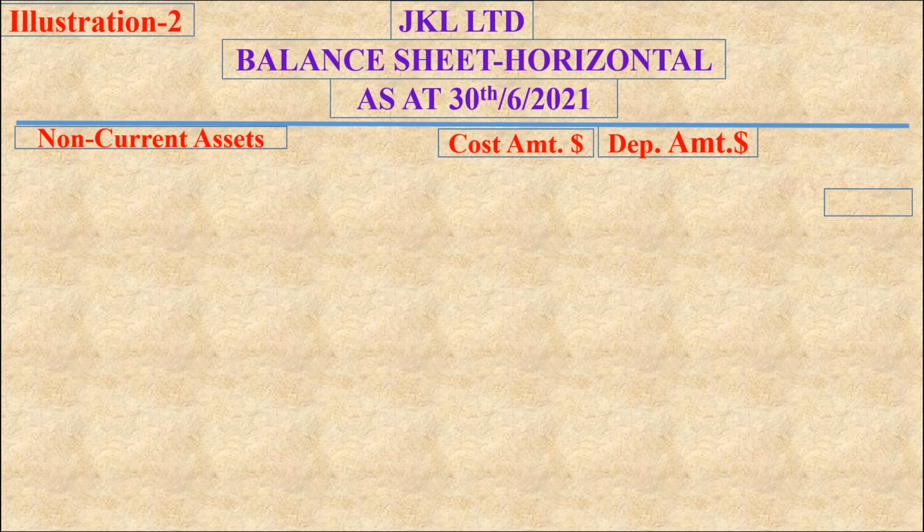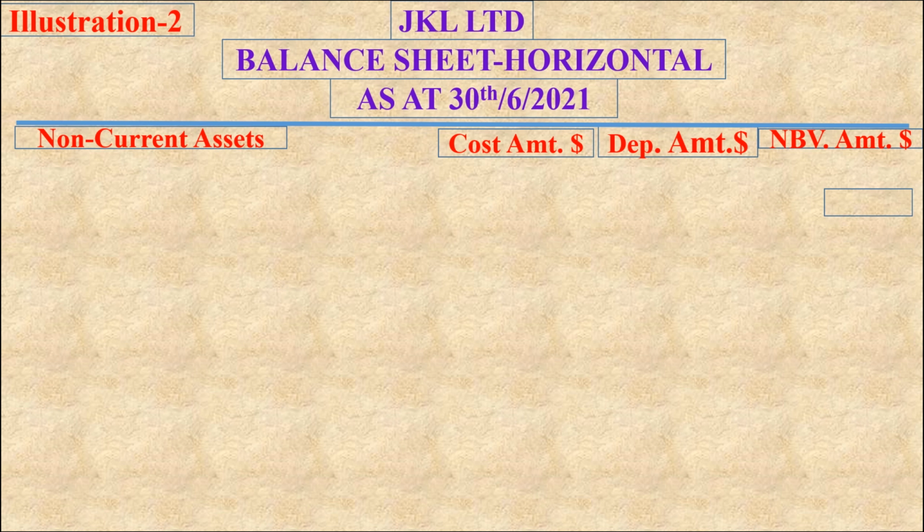Then the last one is the NBV column, whereby NBV stands for net book value. Net book value is arrived at by getting the difference between the cost value and the cumulative depreciation so far. That figure comes to the far end. Sometimes we call it the carrying amount, or the written down book value.